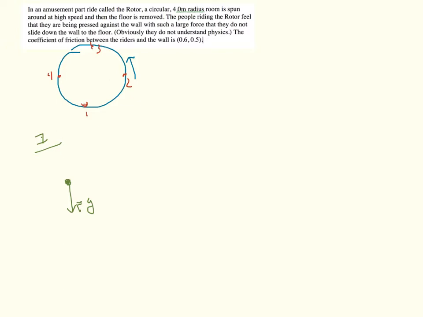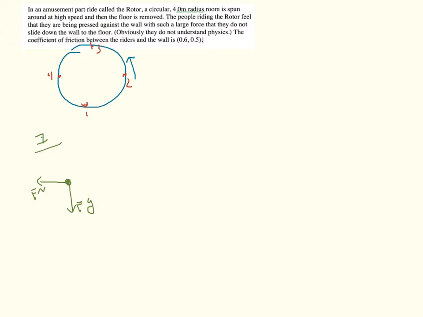The ride itself must also be pushing to the center here.